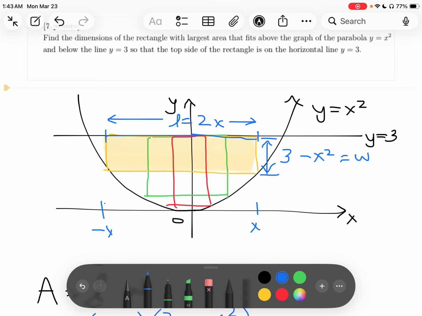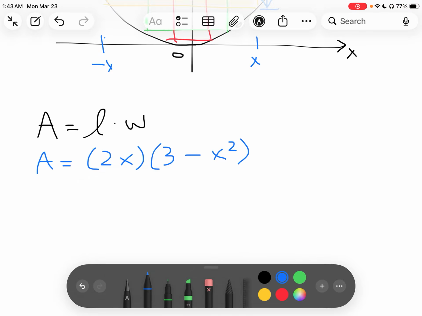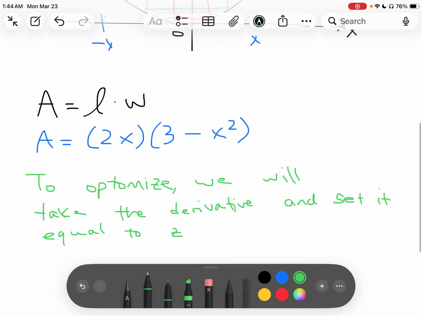So to optimize, we will take the derivative, set it equal to 0, and solve for x.